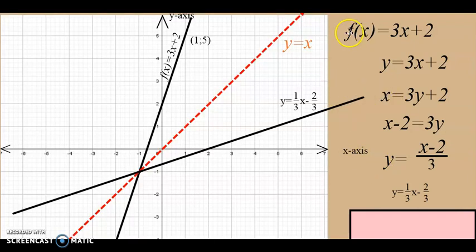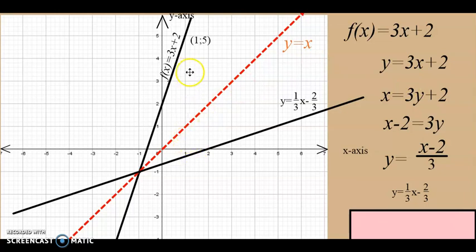When I draw a straight line graph, the easiest thing to do is find two coordinates that will give me my corresponding y value plots. So firstly, I will substitute 0, which will give me a result of 2. I plot 2. Then I will substitute 1 in the original function. 3 multiplied by 1 plus 2 will give me 5.